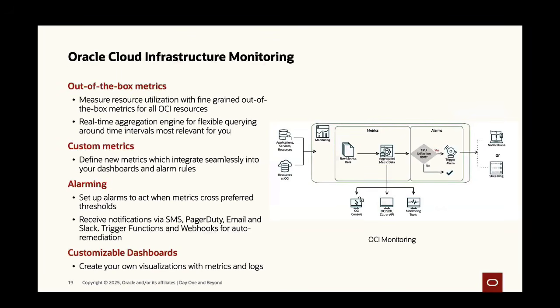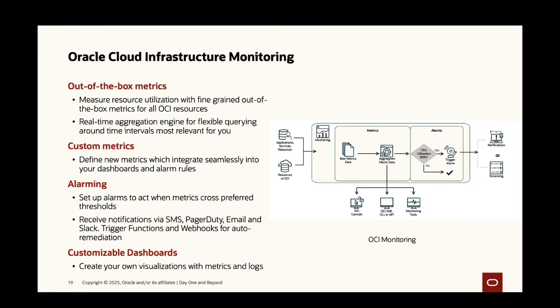All right, so going into monitoring, all of your different resources like your compute, your database, or maybe your application services and resources are all going to continuously emit metrics to the monitoring service. And then you can view these metrics in the OCI console, the OCI SDK, CLI, or API, or different monitoring tools. And then based off of these metrics, you can set up different alarms.